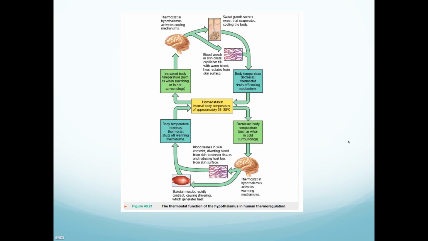Here's a nice picture from your book, and this is a thermostat function of an organ called the hypothalamus, which is located in your brain. If you start at the brain at the top and look at the homeostatic mechanisms, actually, let's go into the middle where you see homeostasis, internal body temperature being kept constant.